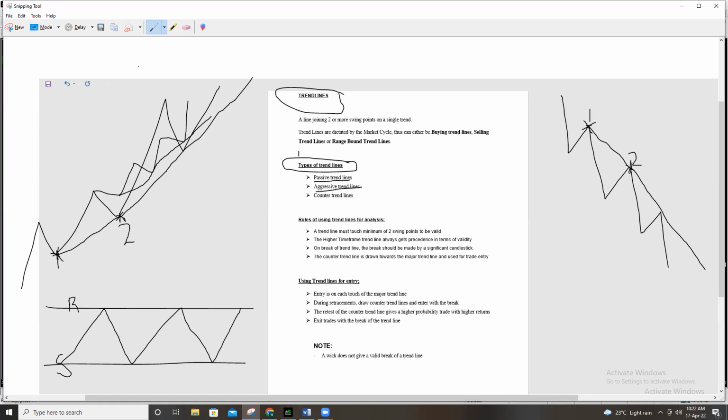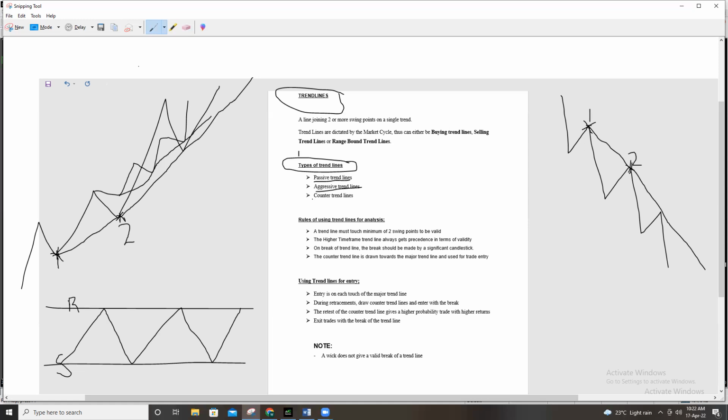It's the closest. Before you get to the external swing points, there could be other micro swing points within the trend, and if you join two micro swing points in a trend, you get what we call an aggressive trend line. You're going to understand that on a chart.